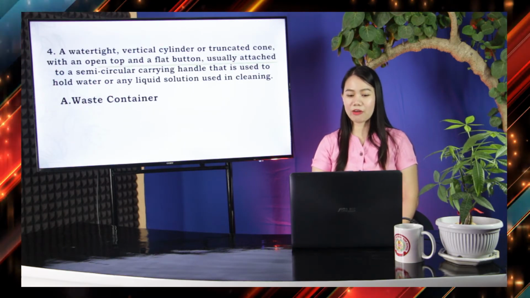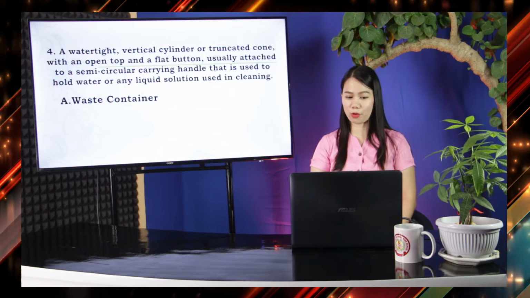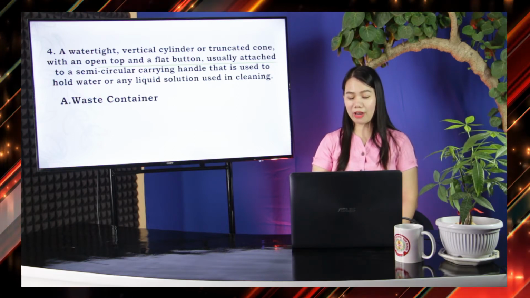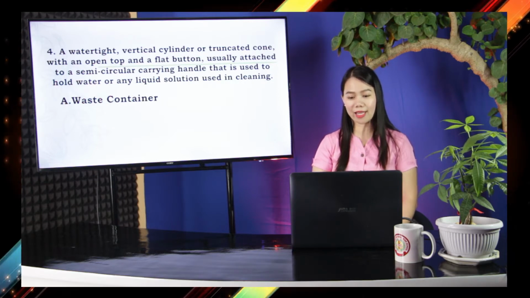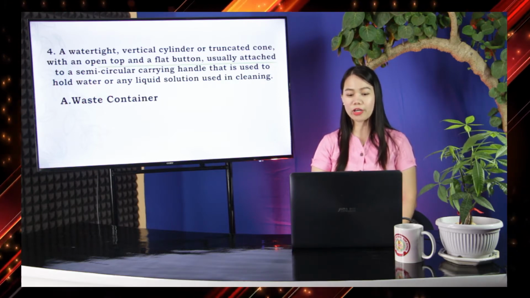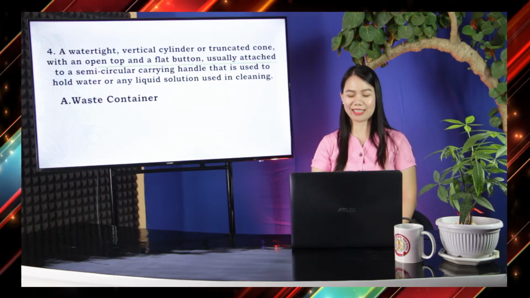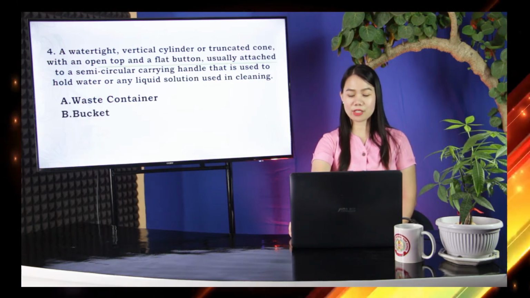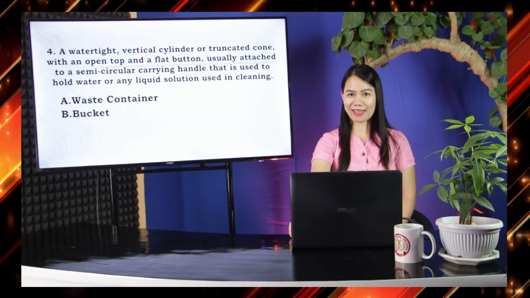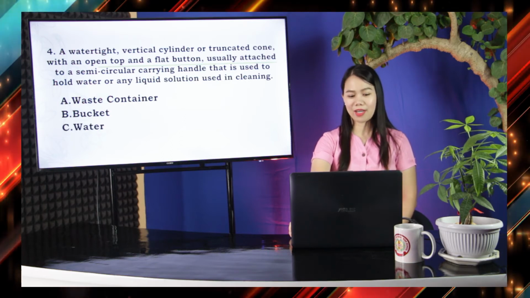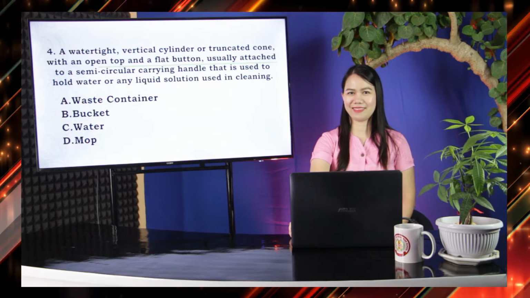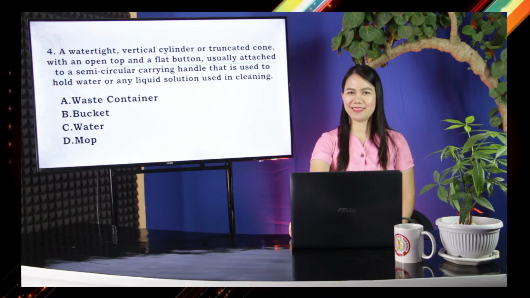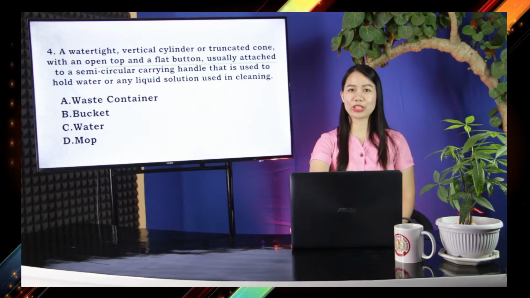A watertight vertical cylinder or truncated cone with an open top and a flat bottom, usually attached to a semi-circular carrying handle that is used to hold water or any liquid solution used in cleaning. A. Waste container. B. Bucket. C. Water. D. Mop. The correct answer is letter B.